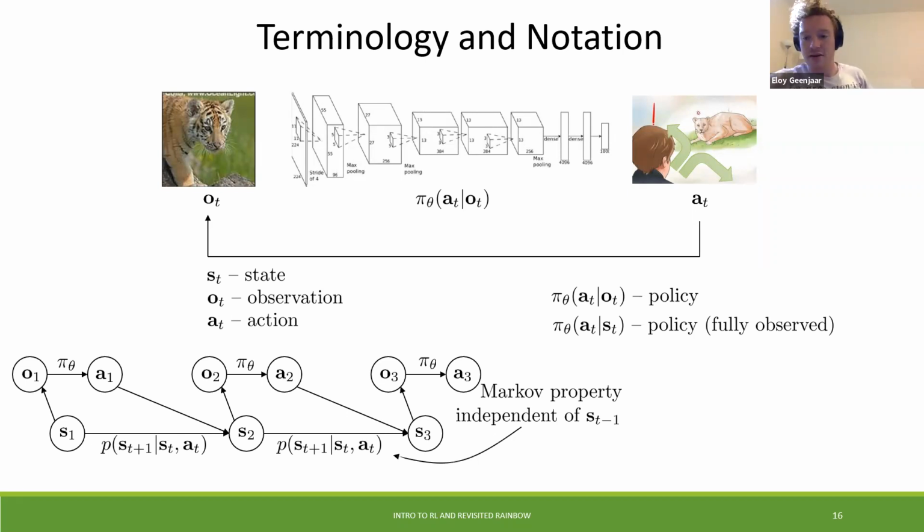So if I'm starting from scratch, what will be the initial value of S in that case? If I've just started observing something and I've just given one set of action, and the agent doesn't know anything, what will be the state?